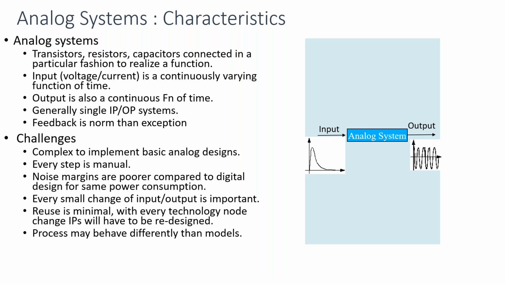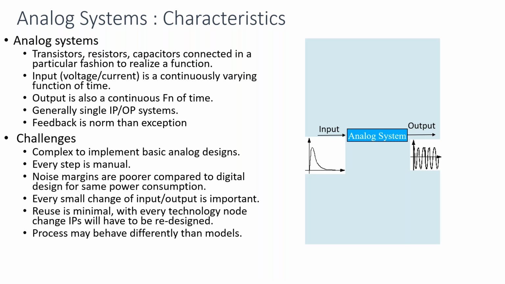The challenge of analog design is that it is more complex, even for a basic analog design. There are very few automation tools. The only automation tools I've seen in industry are largely basic schematic entry and simulation support. Most of the other tasks are manual most of the time.